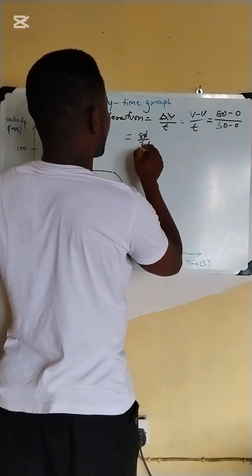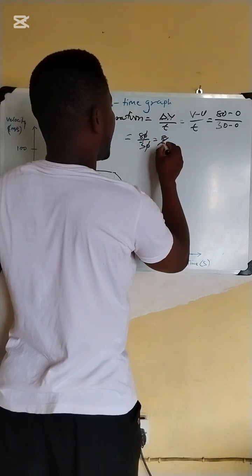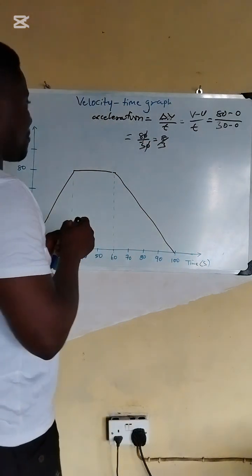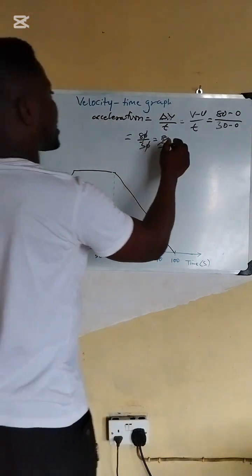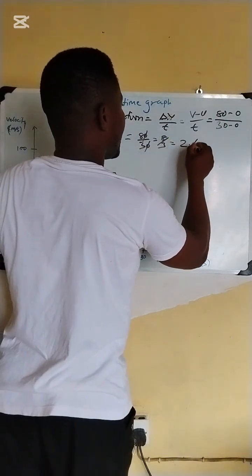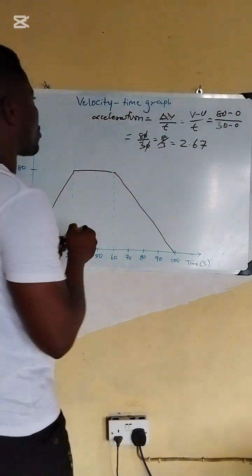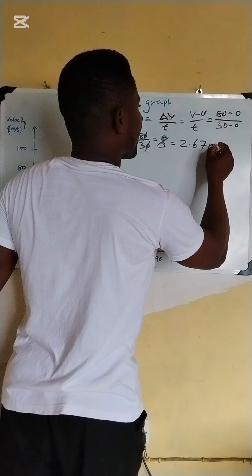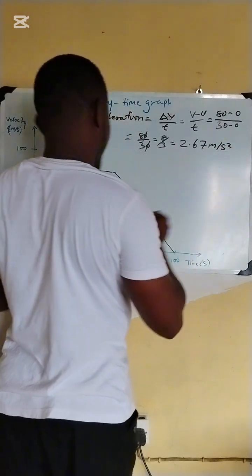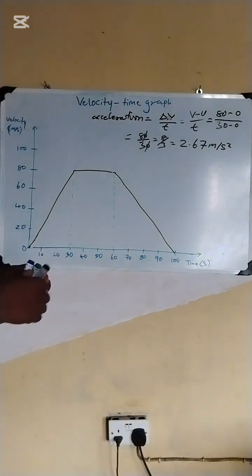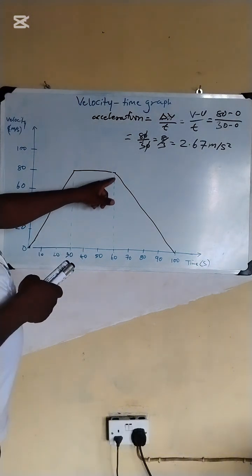This cancels this, you are left with 8 all over 3. You divide 8 by 3, and I think that is equal to 2.67, and the unit of acceleration is meters per second square.